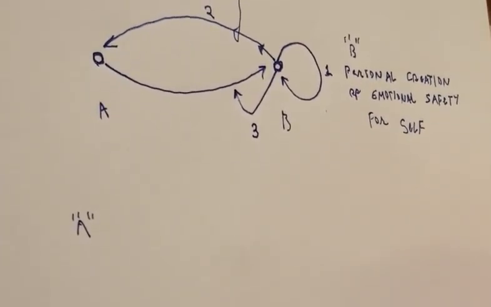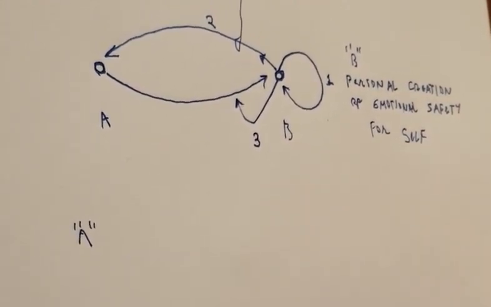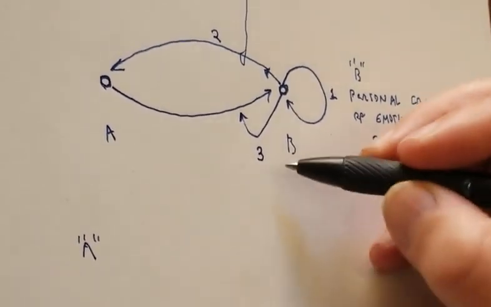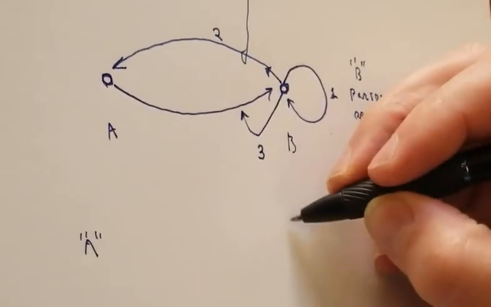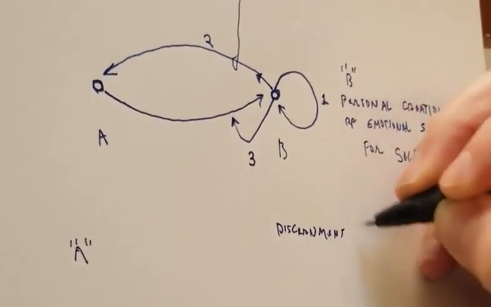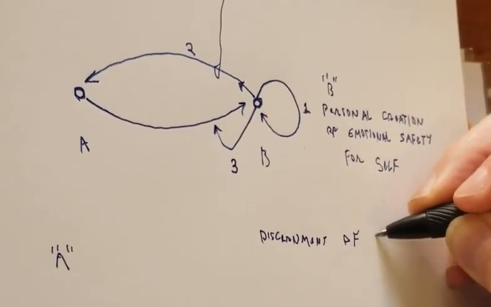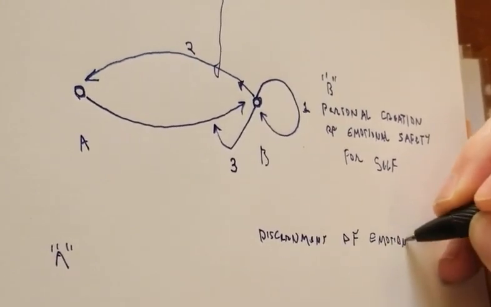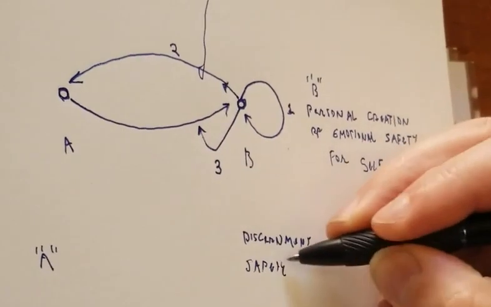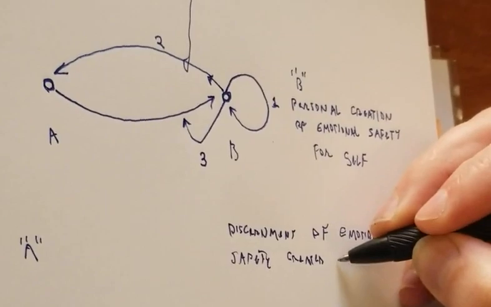And so in effect, when we're looking at this, we're looking for skill in all three of these ways, right? This third one is a discernment of the safety created by other, from other.